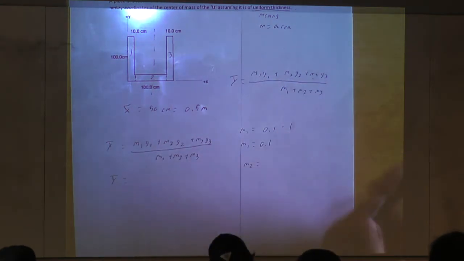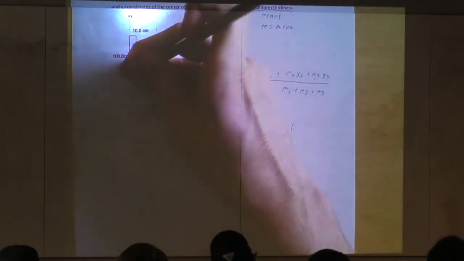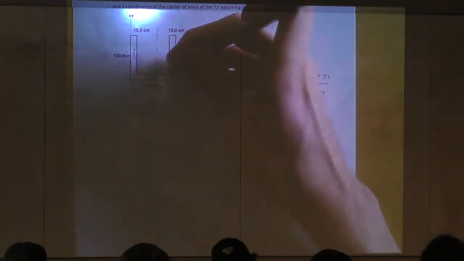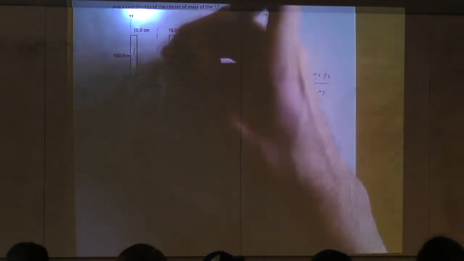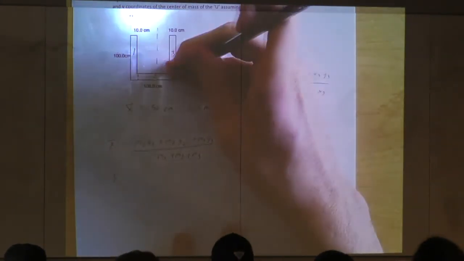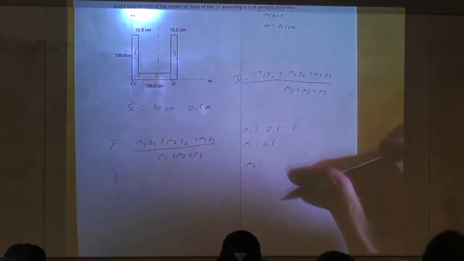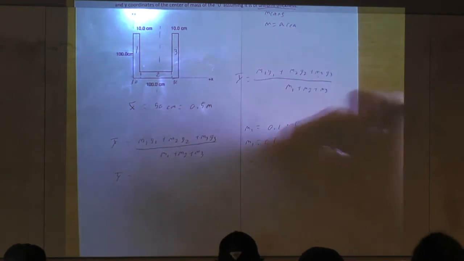And then the second one's going to be the only one that could screw you up. So even though it's labeled at the bottom that it's 100, realize that 100 is representing the entire length here, not the length that it's now cut into. So if it's 100 at the bottom, and we know that these are 10 wide, so 10, 10, this is 100, that's 80. Hopefully we can also do subtraction.